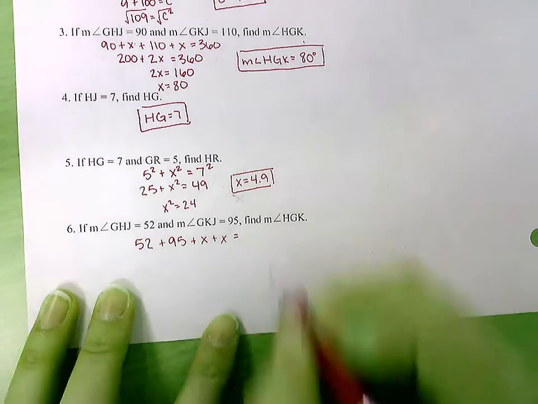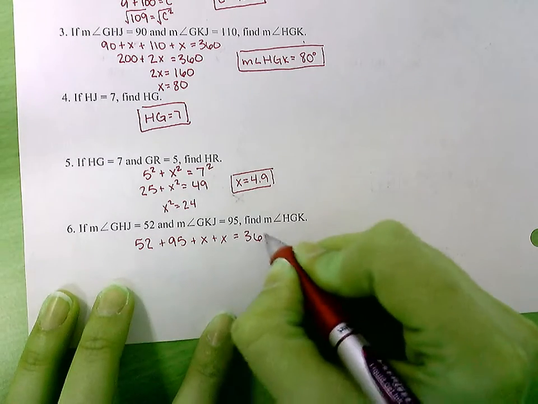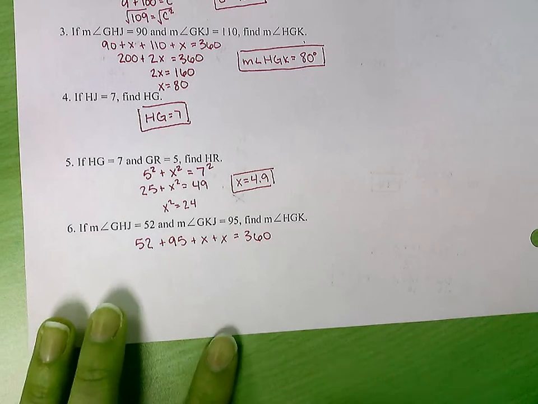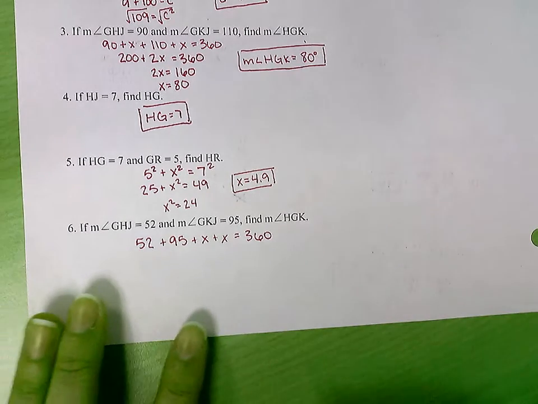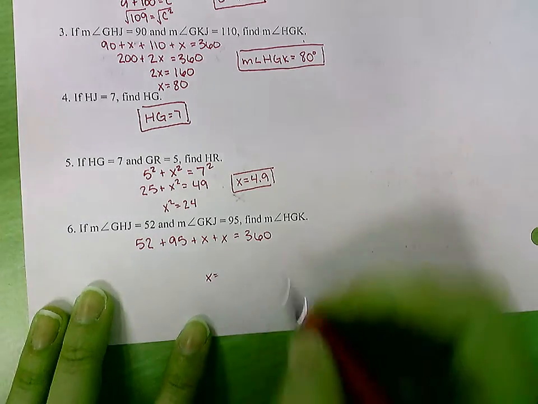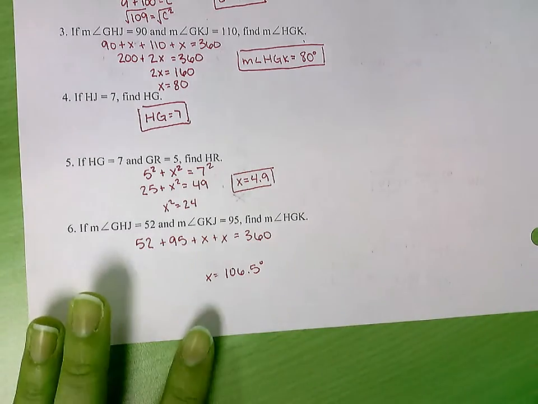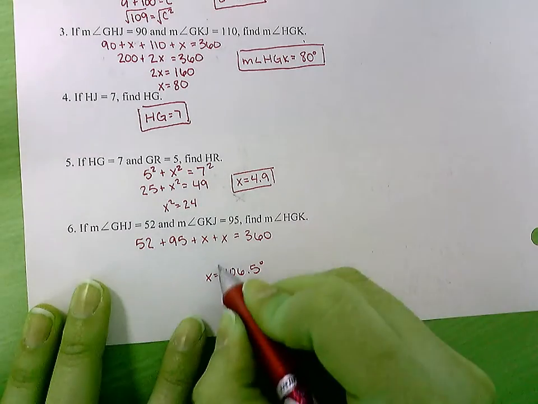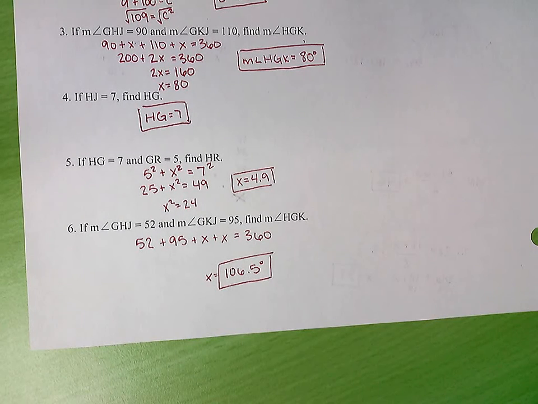And that has to be equal to what? 360. All 4 of your angles in a kite have to add to be 360. So once I solve for x, that angle measure should be 106.5. So that angle is 106.5 degrees.